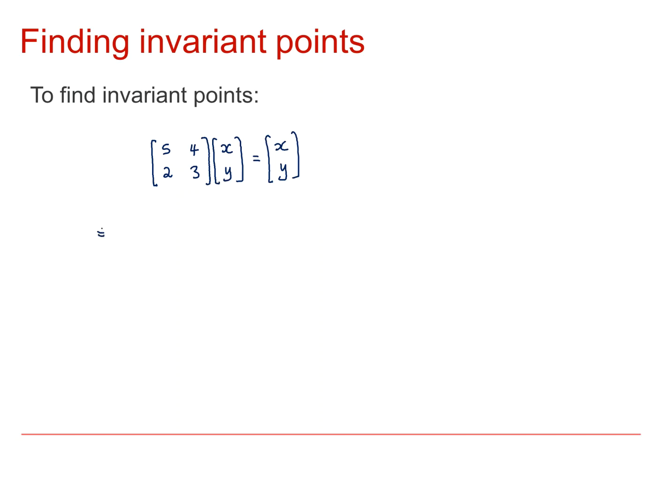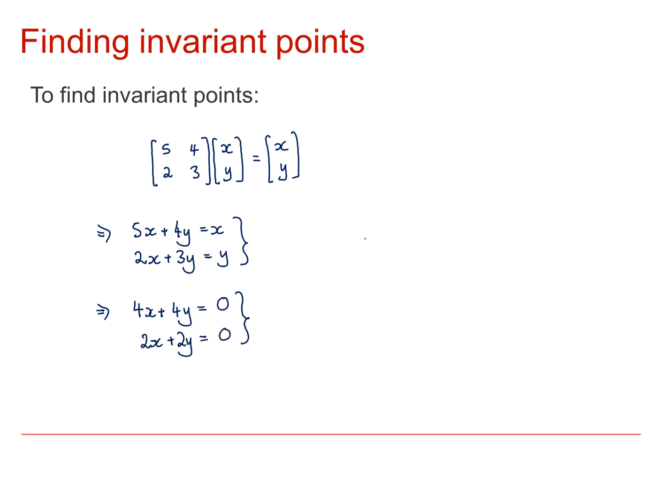This gives us a pair of simultaneous equations. 5x plus 4y must be equal to x, and 2x plus 3y must be equal to y. Tidying them up, we get 4x plus 4y equals 0, and 2x plus 2y equals 0.